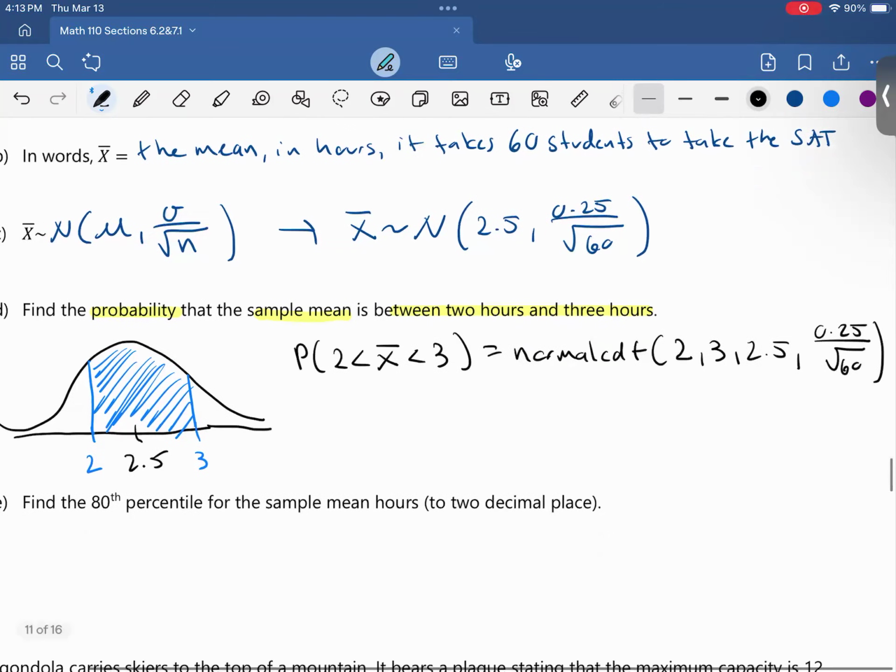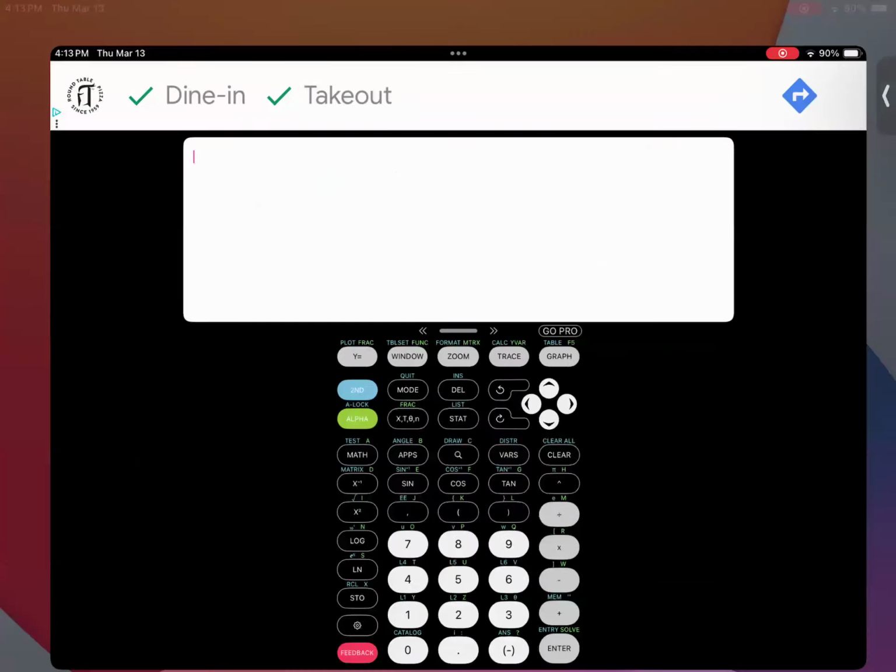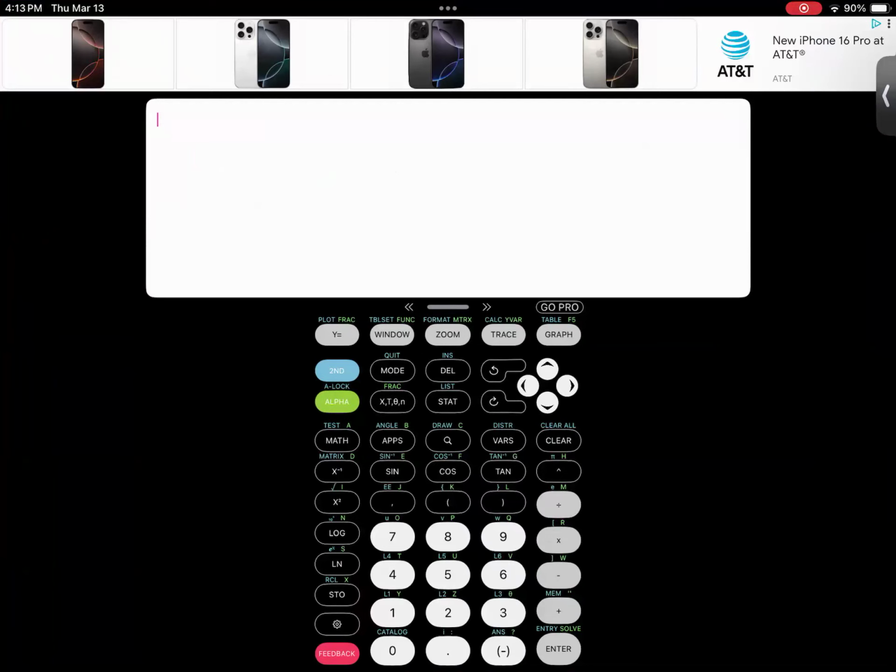Let's jump to our calculator and input our context in. We're going to the same second vars. We have a normal CDF, and our lower limit was 2, our upper limit was 3, our mean was 2.5. And here's where we enter in our new standard deviation. Be careful when you put your standard deviation in.